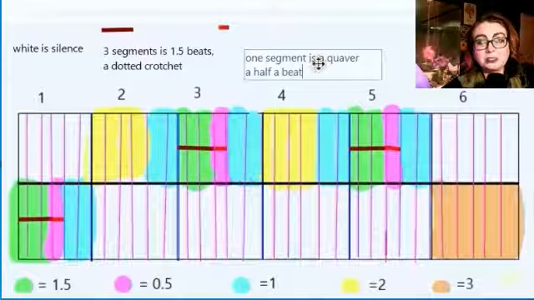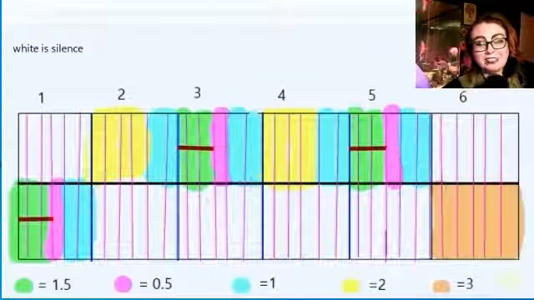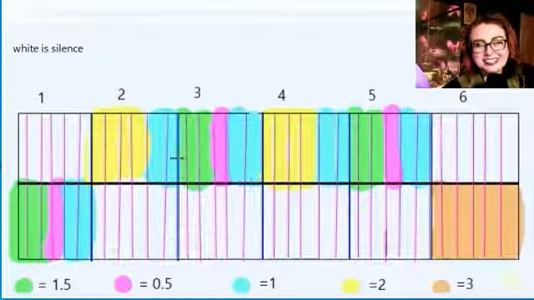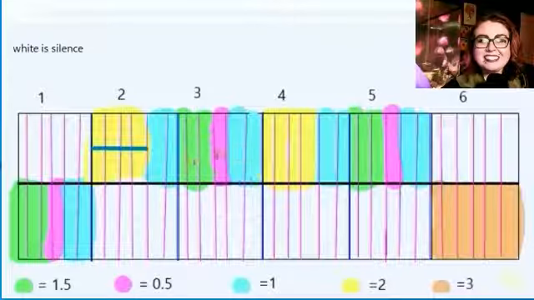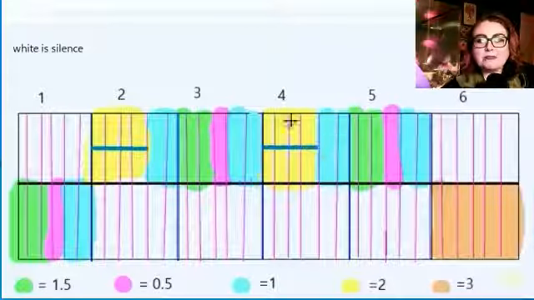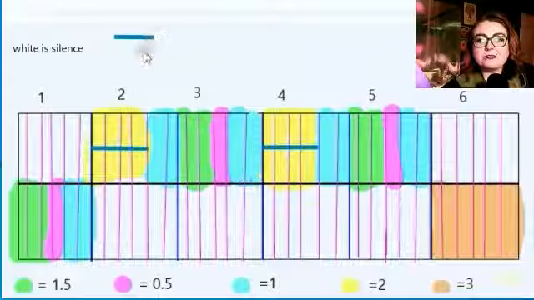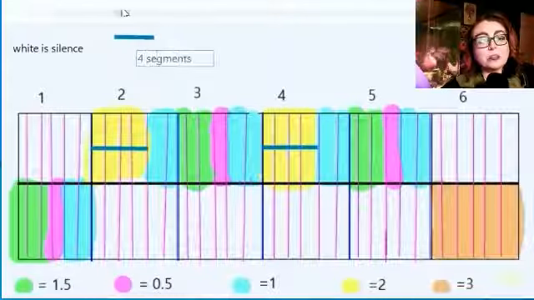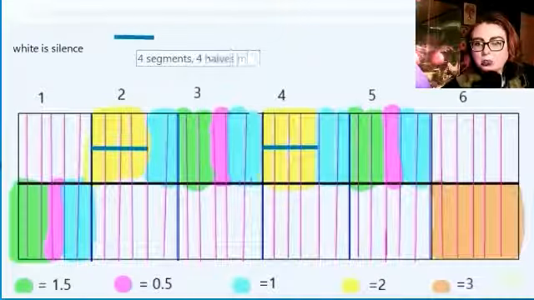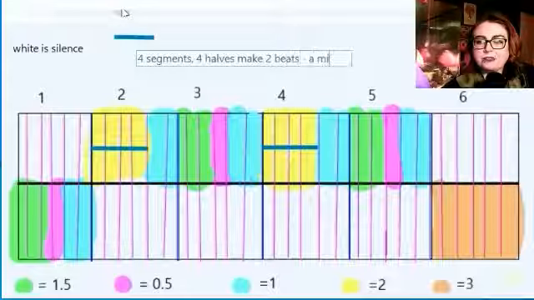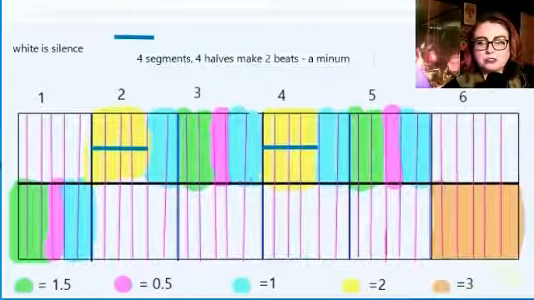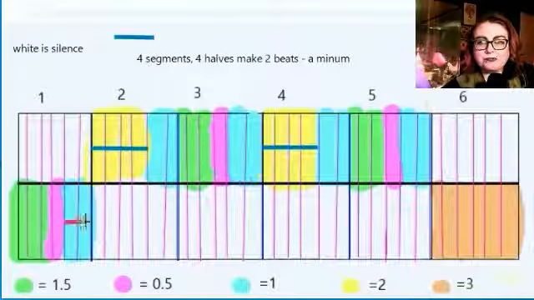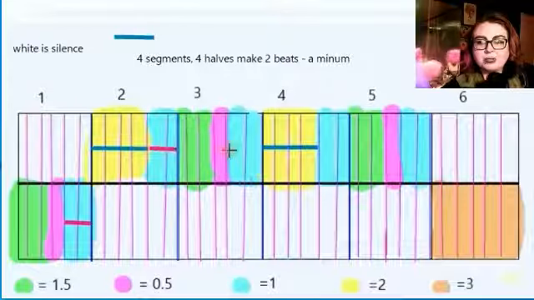And you're probably sitting there going, I'm not following. 4 halves make 2. So that would be 2 crotchets. That note is called a minim.